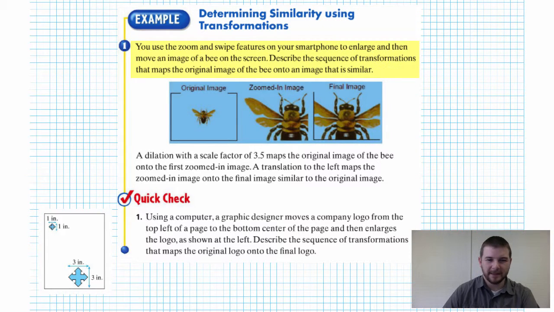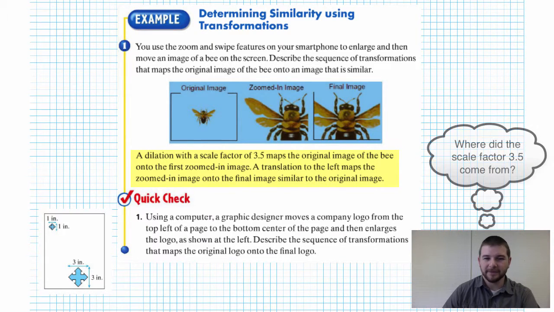To describe that, let's check out the book's description. In a moment, you'll be asked to explain a series of transformations that is very similar to this one. Here's how the book takes care of this example problem. A dilation with a scale factor of 3.5 maps the original image of the bee onto the first zoomed-in image.